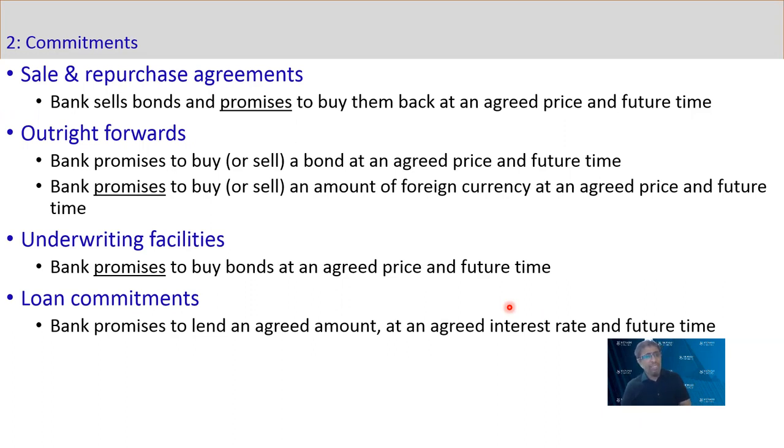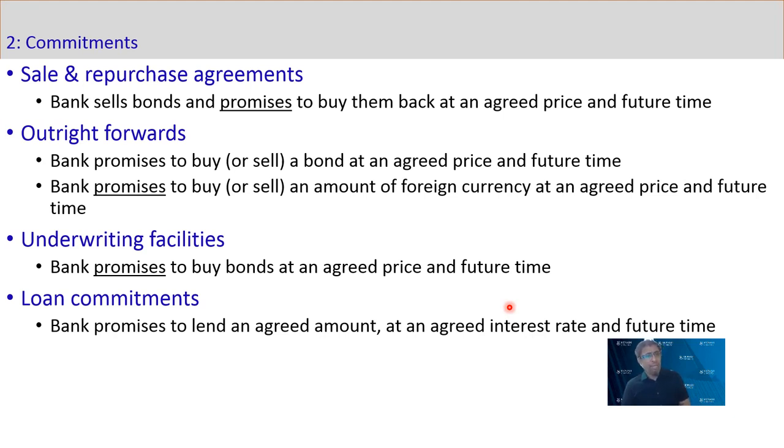The other thing is the outright forwards. Now a bank promises to sell, as I told you. A corporation wants to issue bonds, but they are not sure that people will buy their bonds, based on their credit quality, or maybe reputation, or credit risk in the market in general.